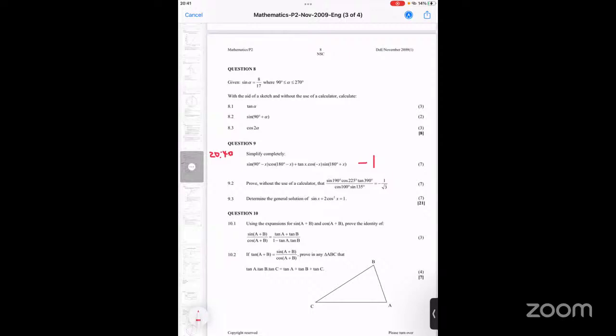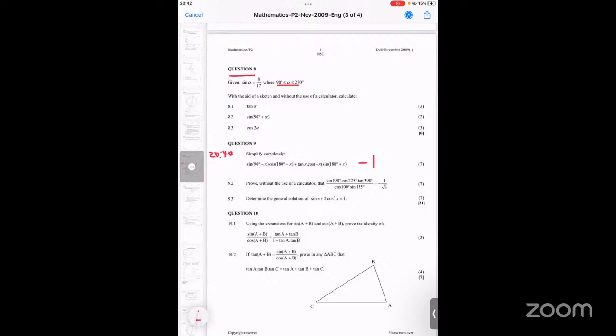Okay, so now let's wrap up with question number 8. Something that I can say with question number 8 is that it's a way of telling you the possible quadrants in which your triangle should be.